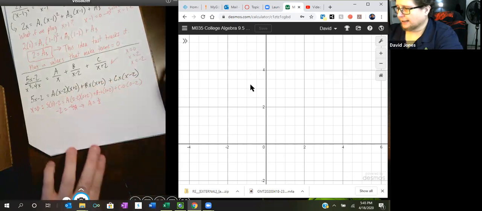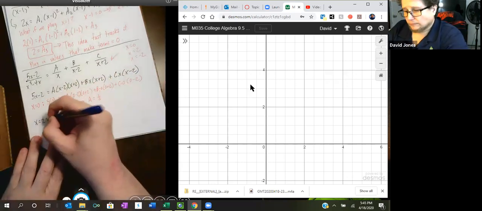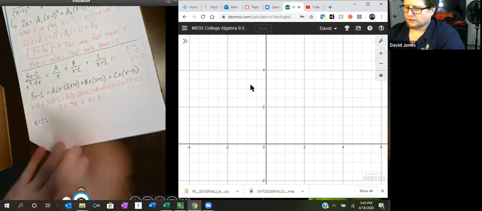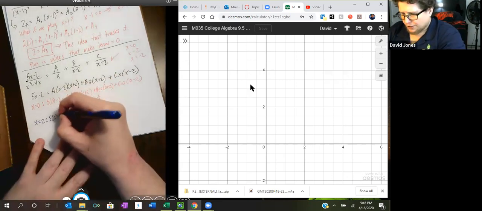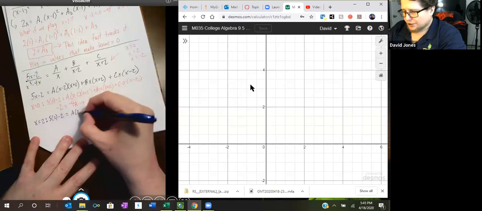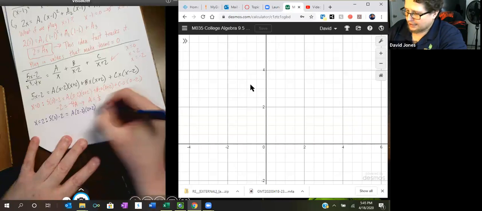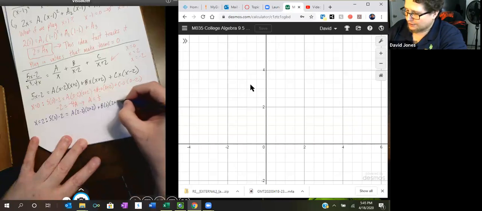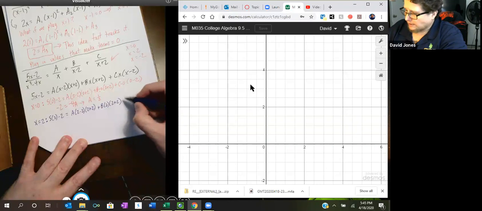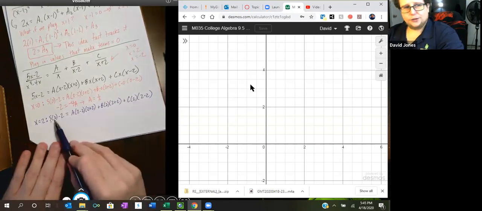What if I plug in x equals 2? 5 times 2 minus 2 equals A times (2 minus 2)(2 plus 2), plus B times 2 plus 2, plus C times 2 minus 2. 5 times 2 is 10.